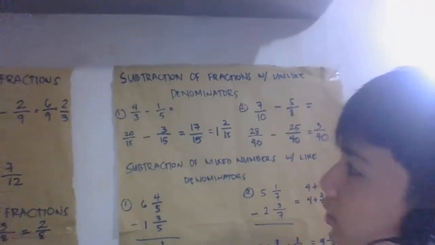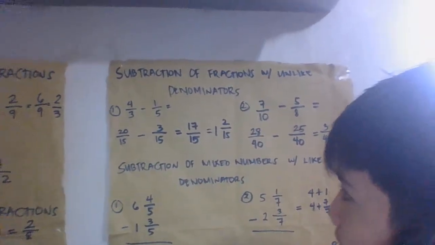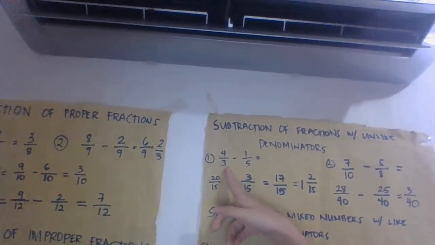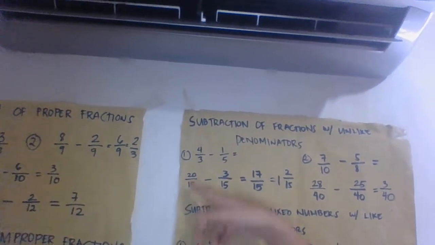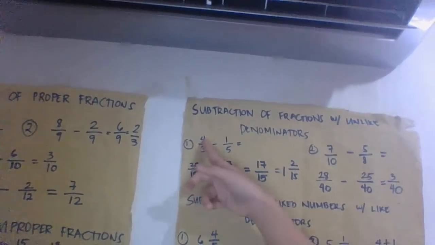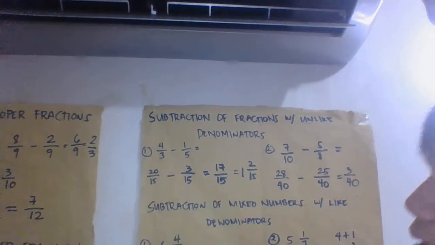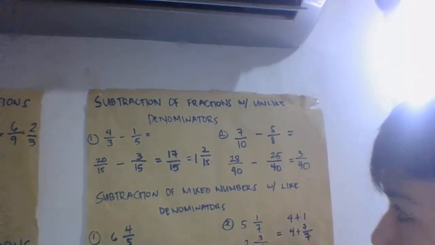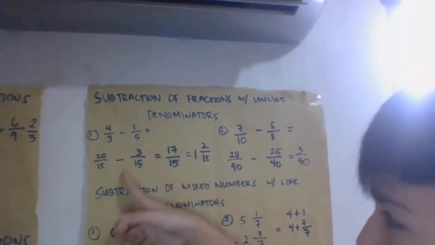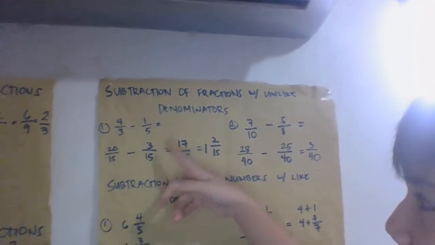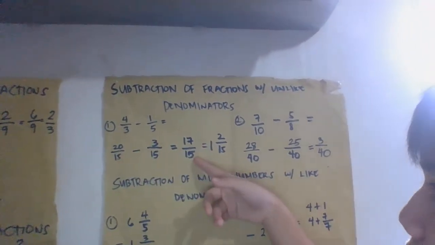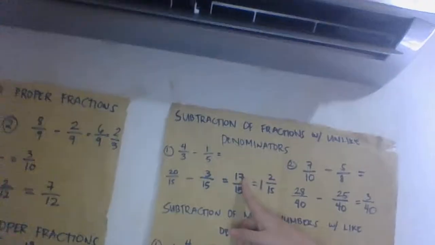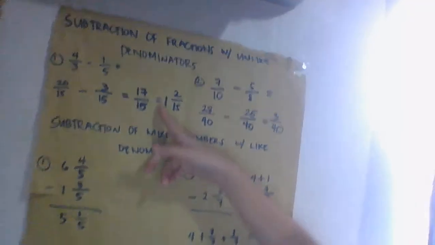So 3 times 5 equals 15, and we also need to times it here, so it will become 20. Now we can subtract. 20 minus 3 equals 17, and the denominator here. So we need to put this in a mixed number.